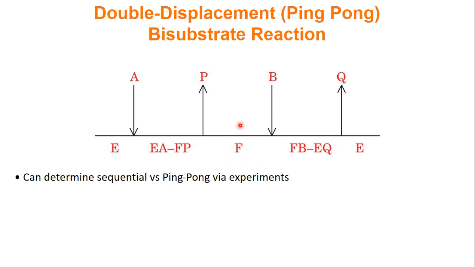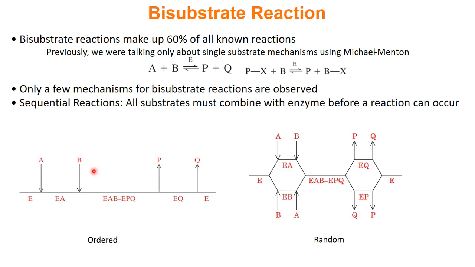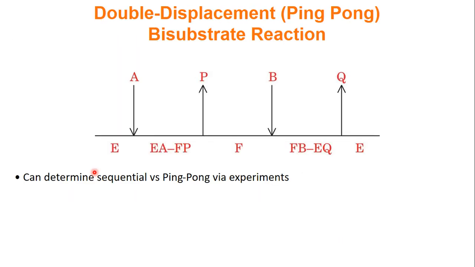Once we're in the enzyme conformation of F, you can think of that like hemoglobin R and T state, almost. Once we're in F, our second substrate combines and releases our second product. And now we're back to start. The way to determine if you have a sequential, where both substrates have to bind, or ping pong is you can do various experiments and figure out the two. We're not going to get into those experiments here though.